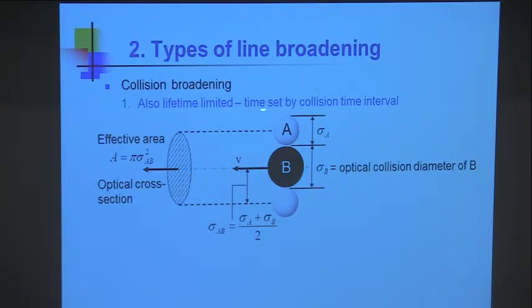Okay, so collision broadening, if you've had a course in kinetic theory, you'll recognize this picture. Molecule B moving through space at velocity v sweeps out a volume, with a diameter that is its own diameter plus half of the diameter of the colliding particle A. So you imagine a particle B moving through a sea of A's.